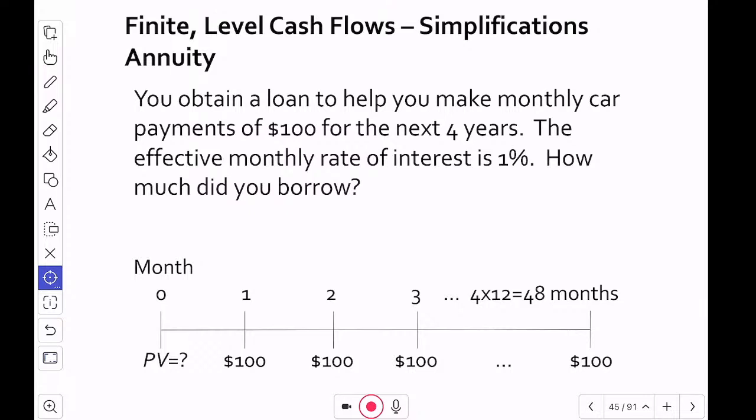This is an example, it's a car loan. So the car loan is a payment of $100 in this example for the next 4 years. In other words, it's 48 months. At an effective rate of interest of 1%, how much did you borrow for that?